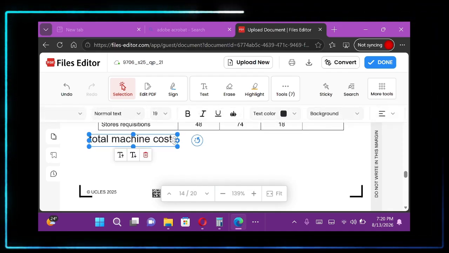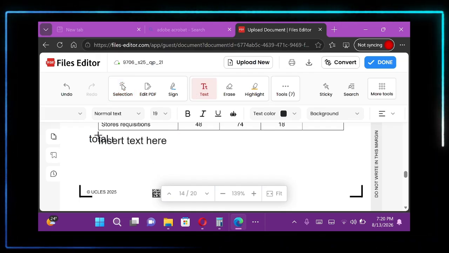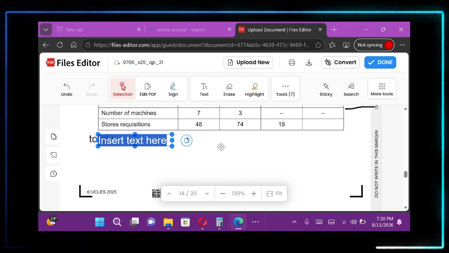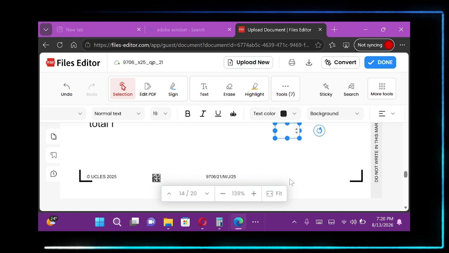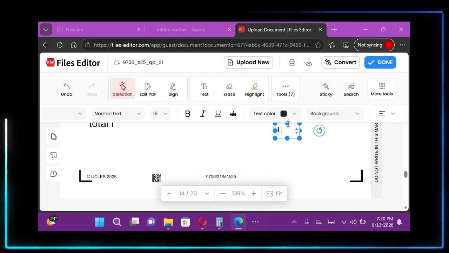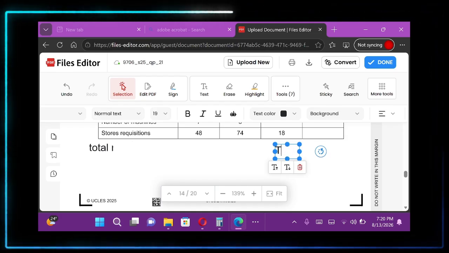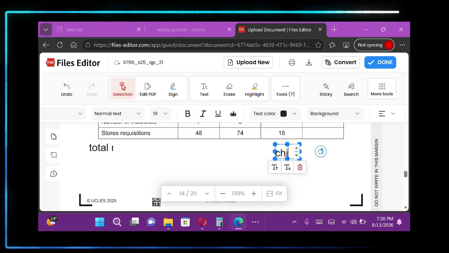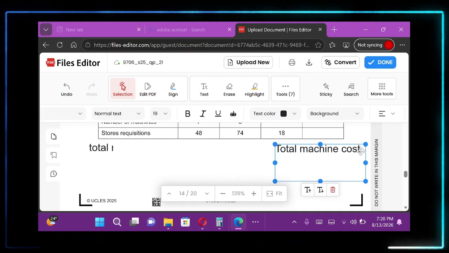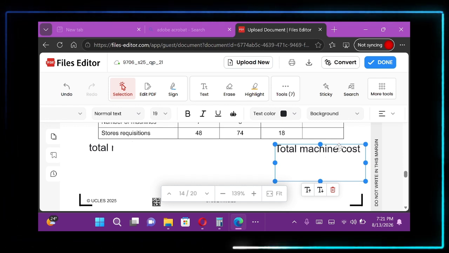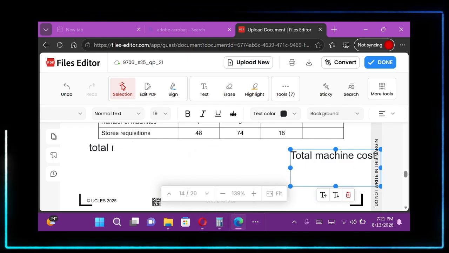Let's just put it over here. The total was 180,000.